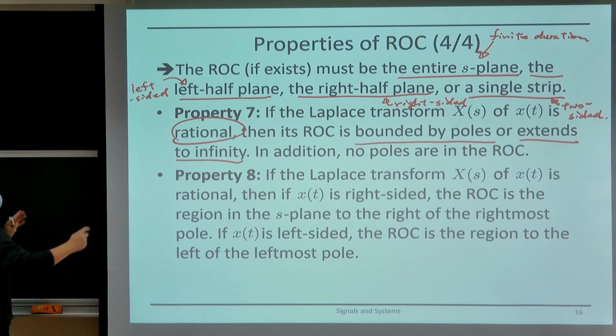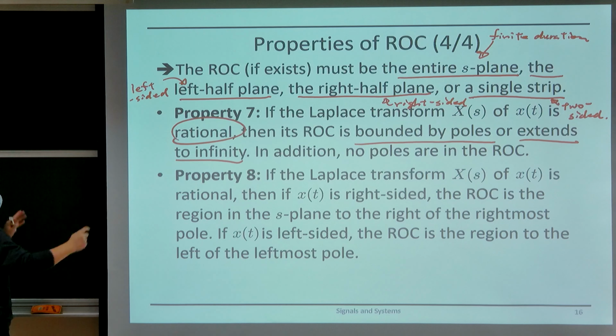So if x(t) is right-sided, then the ROC is the region in the s-plane to the right of the rightmost pole. So on the left side, it is bounded by the rightmost pole.